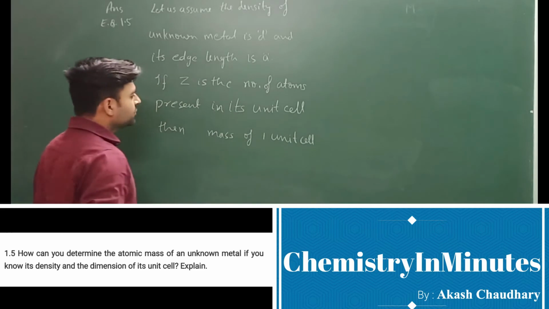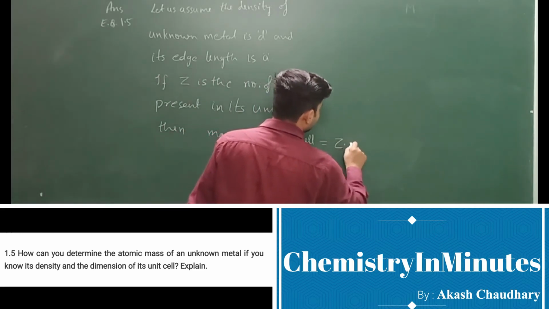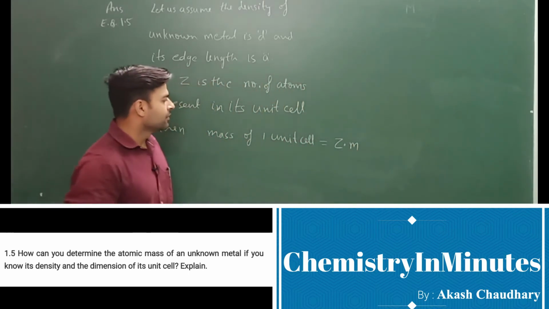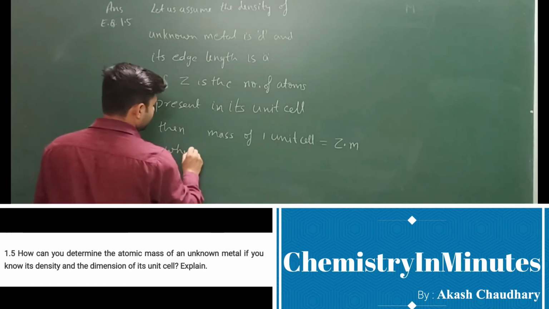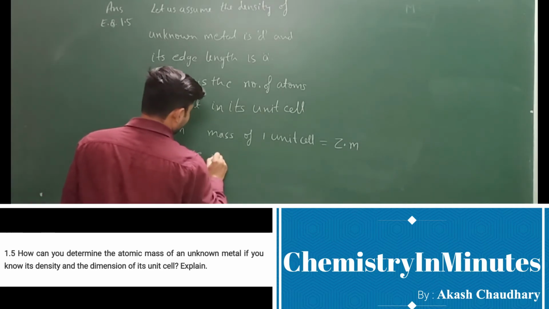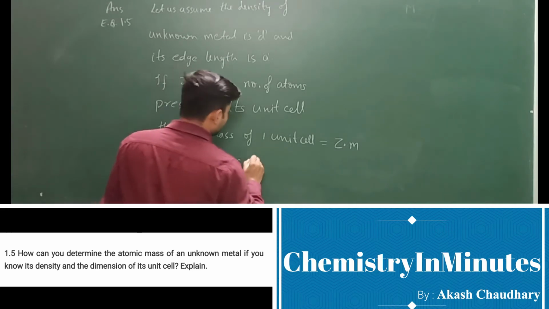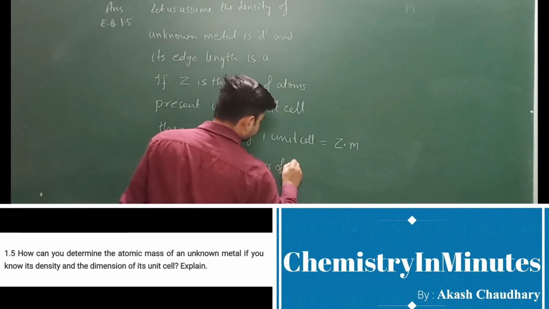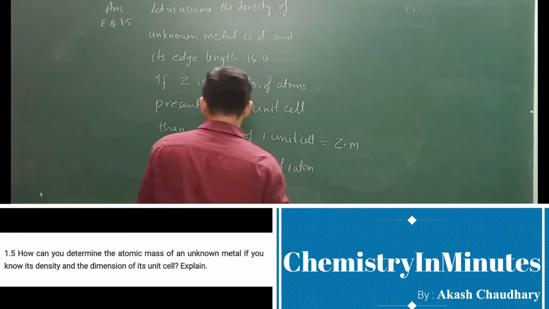Now mass of one unit cell, that will be Z into M, Z multiplied by M, where M is mass of one atom of unknown metal.